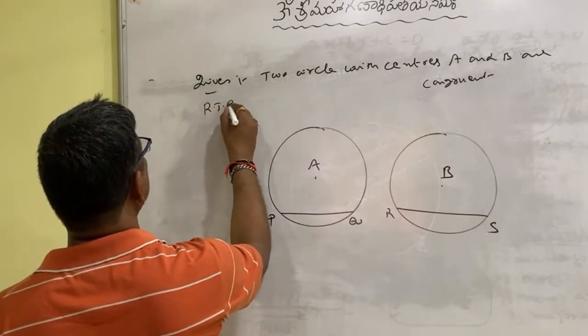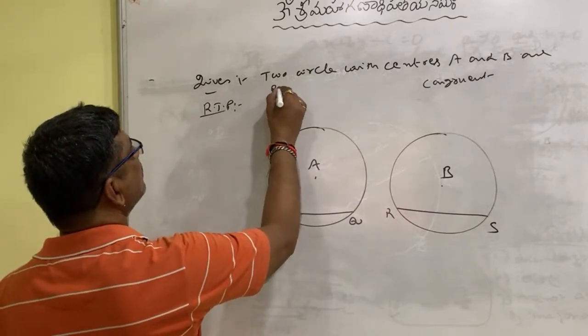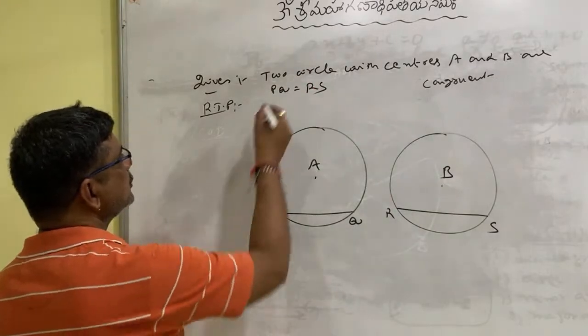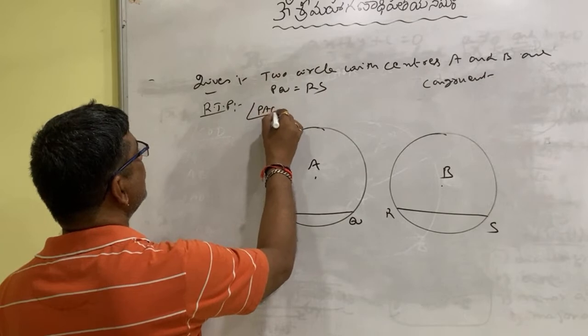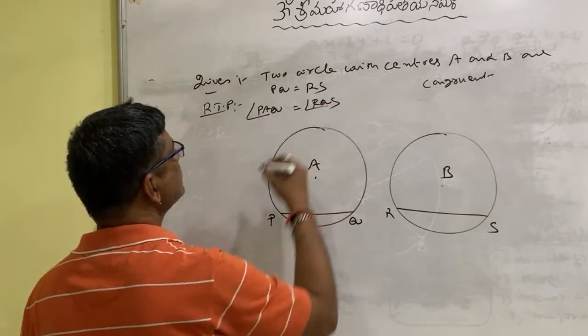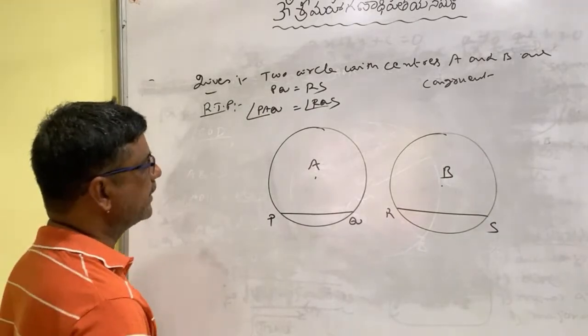Chord PQ is equal to chord RS. This is also given. Required to prove: angle PAQ is equal to angle RBS.